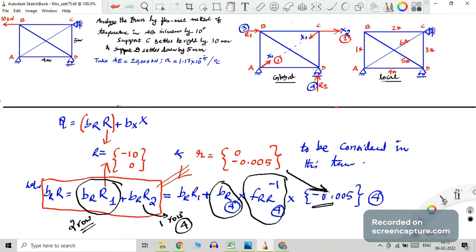So here in this step, for the second part of BRR, coordinate 4 and 5's two row multiplication is required. There the original BR will be 3 row, and that 3 row BR has to be converted to 2 row multiplication.